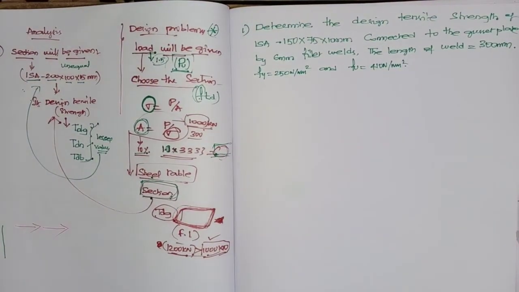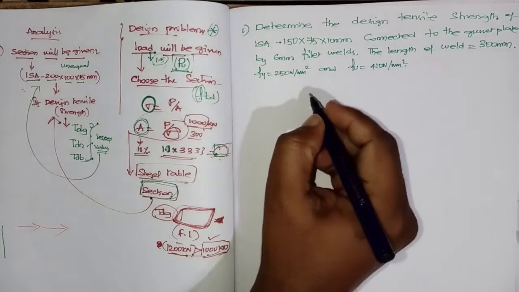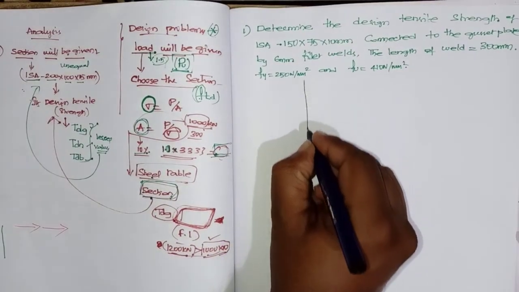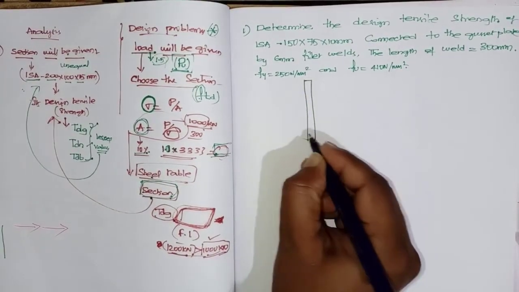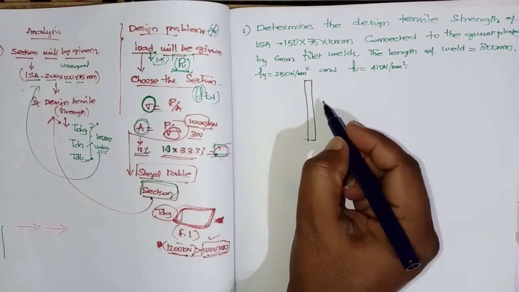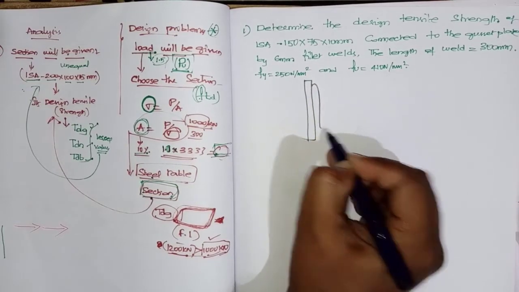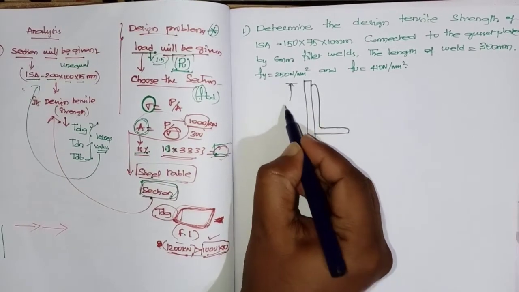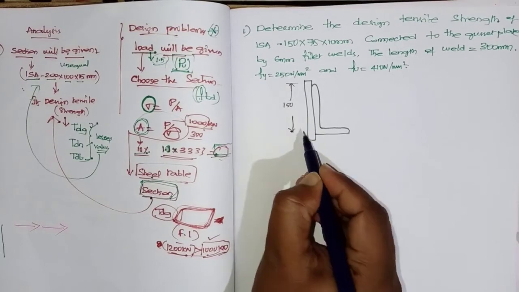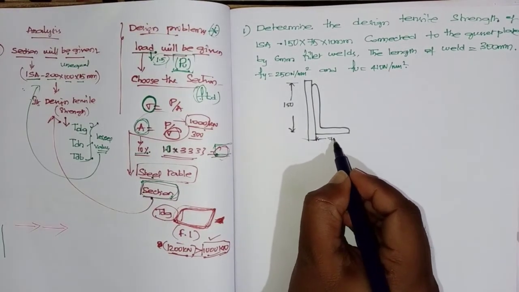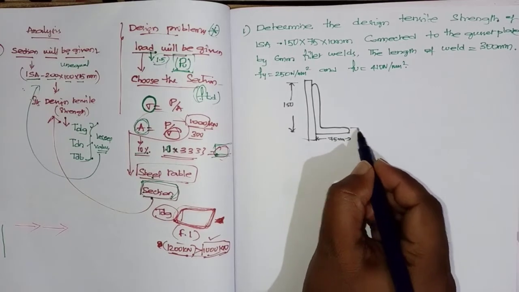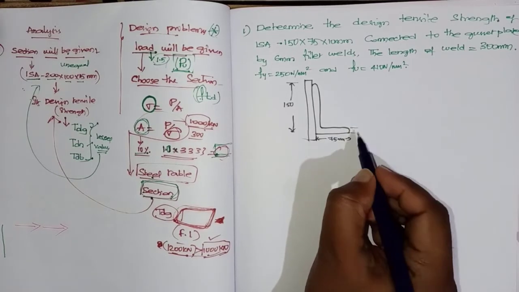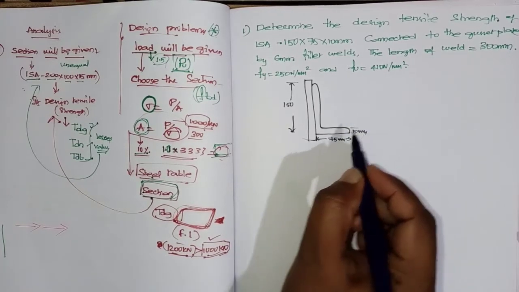So these are the values. Now, it is connected to a gusset plate. The angle is 150 by 75, this is 150 and this is 75, and the thickness is 10 mm. It is welded here.